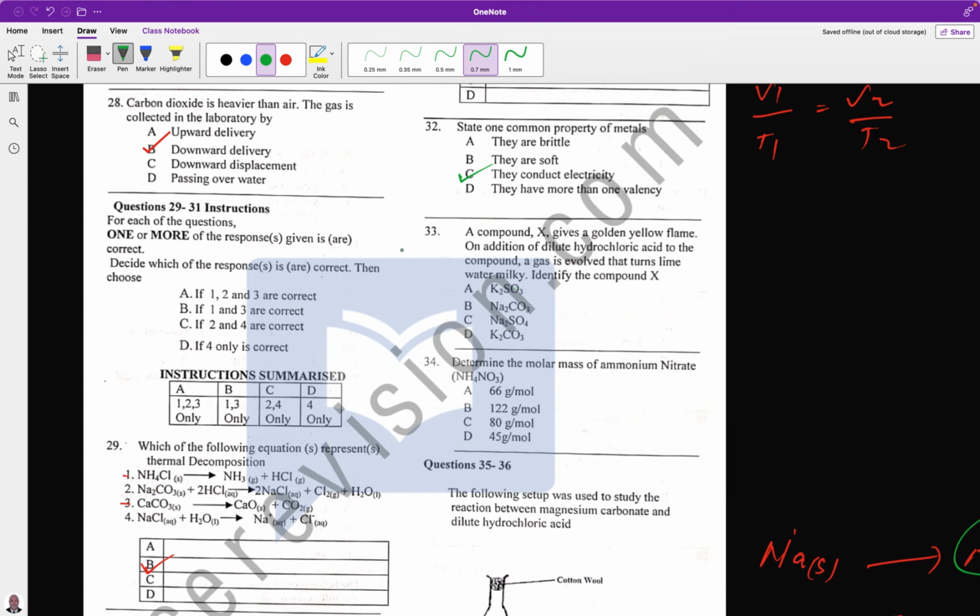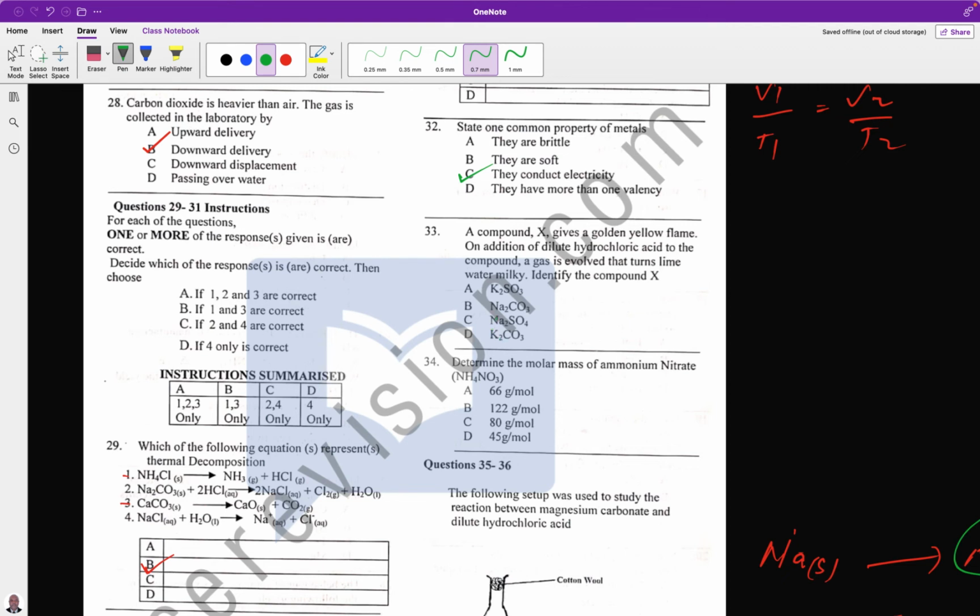Therefore, let's check our compounds. It is not potassium sulfite. It is not sodium sulfate, because sodium sulfate cannot produce a gas that will turn lime water murky. It is not potassium carbonate, because potassium is lilac, not golden yellow.